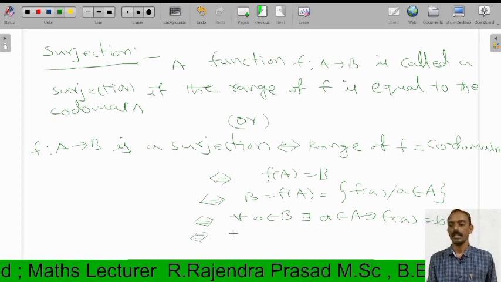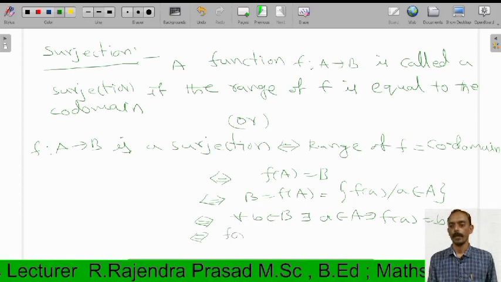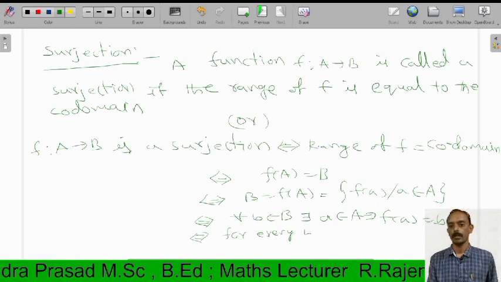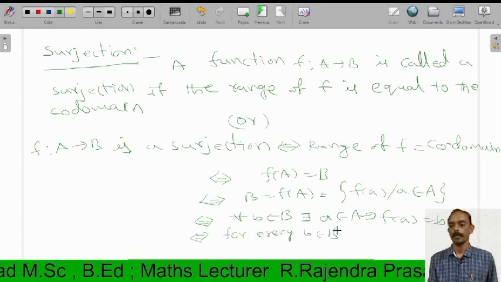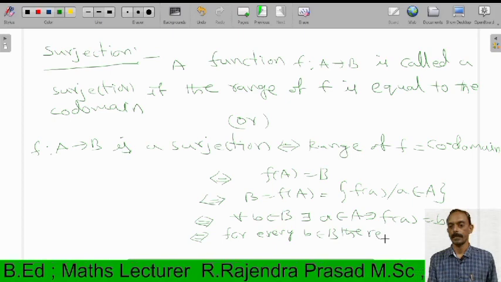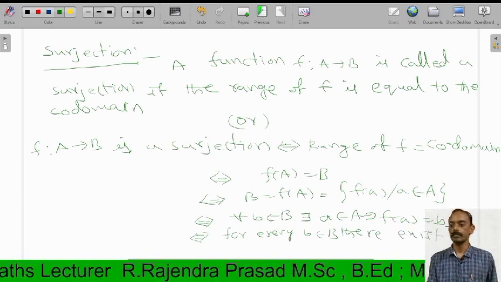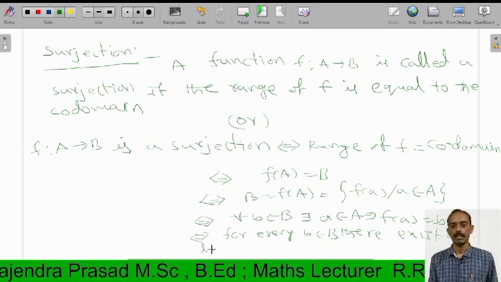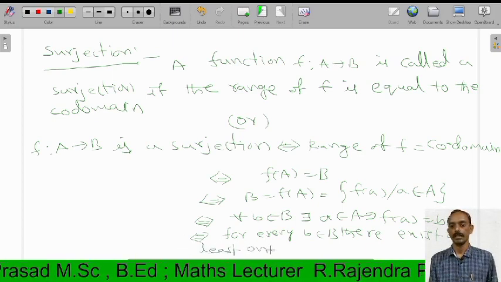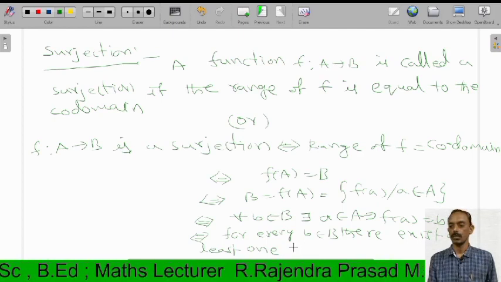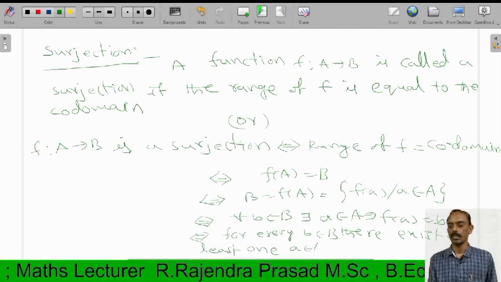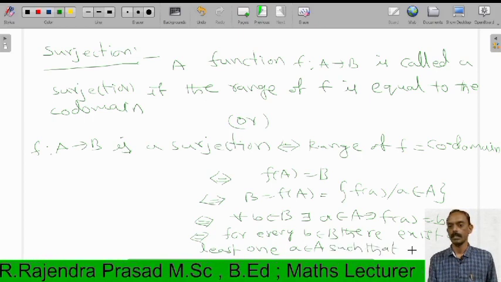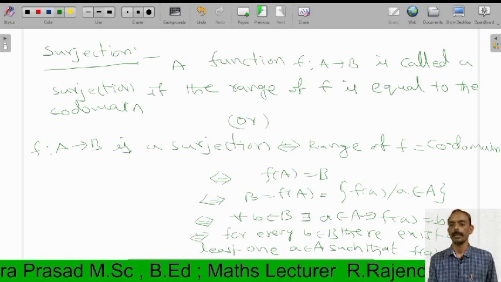For every b belongs to B, there exists at least one a belongs to A such that f of a equal to b.